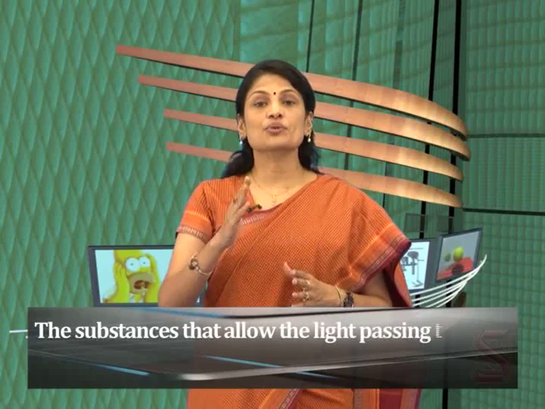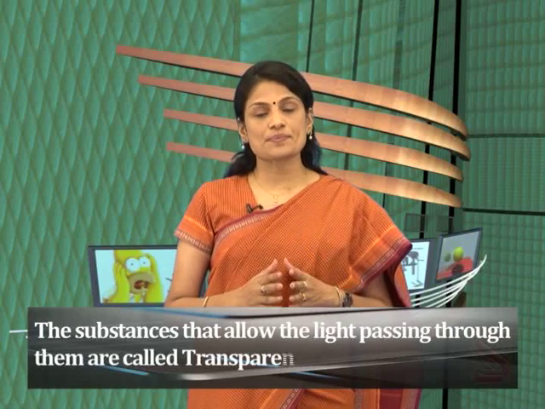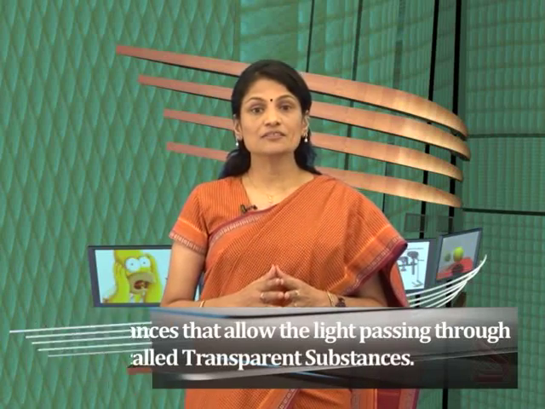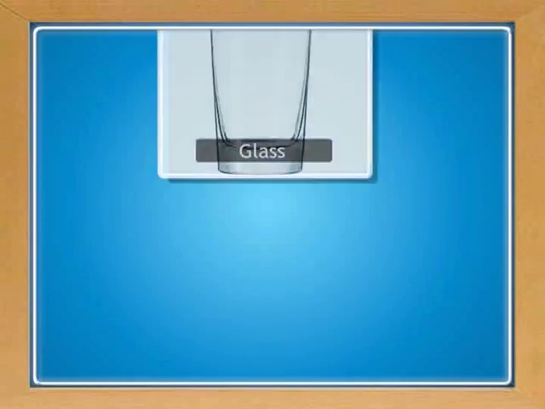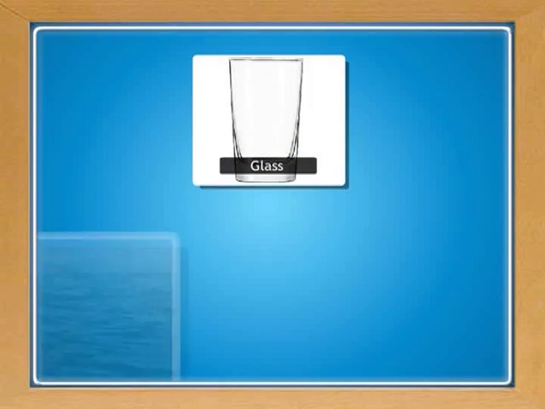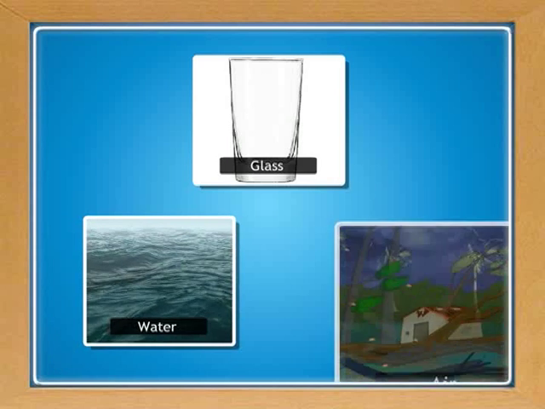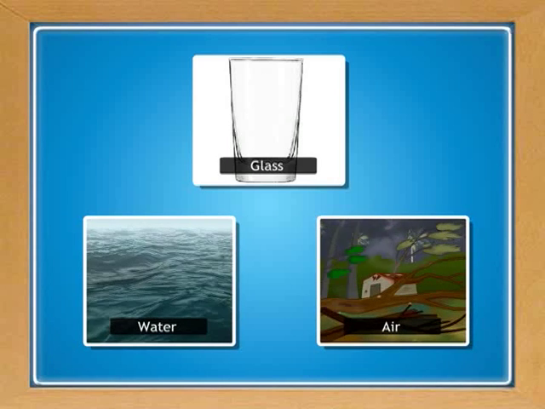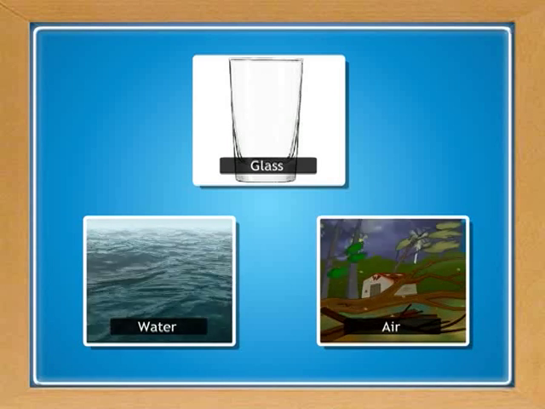The substances that allow light to pass through them are called transparent substances. For example, glass, water, air, etc. They all allow the light to pass through them.